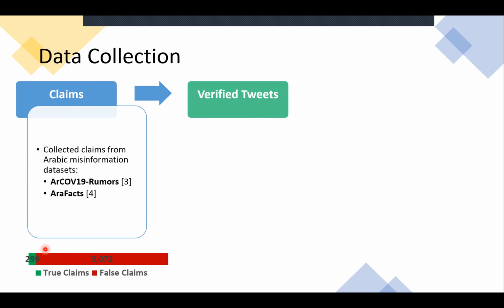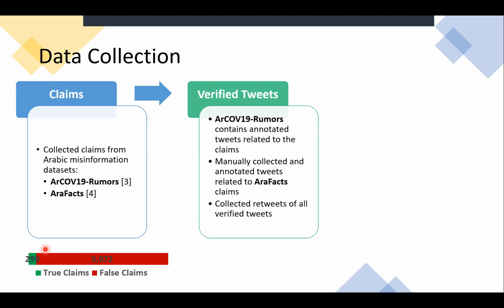So after we have collected the claims, we wanted to find the tweets that are related to these claims, that are either supporting or refuting the claim. The ArCOV19-Rumors dataset contains claims that are already annotated as supporting or refuting that claim. So we utilized these claims.